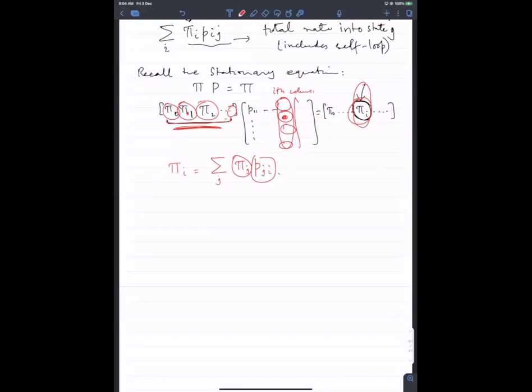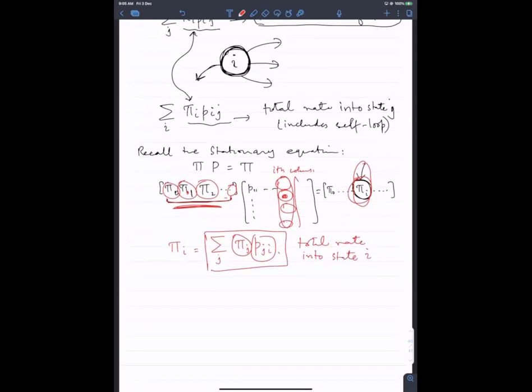But what is this, the summation over all j of pi j into p ji? This is the total rate into state i.